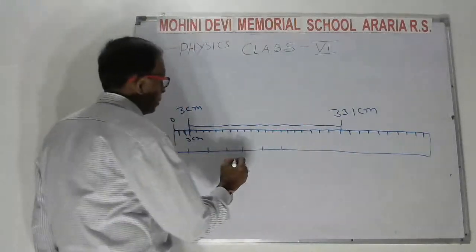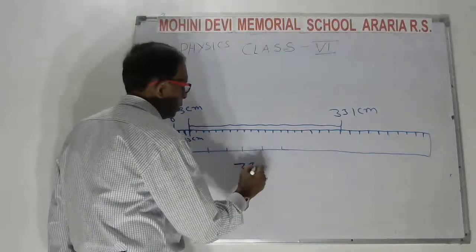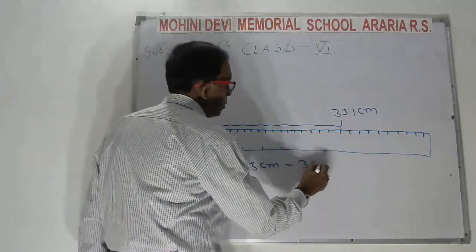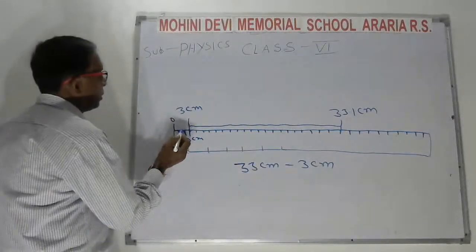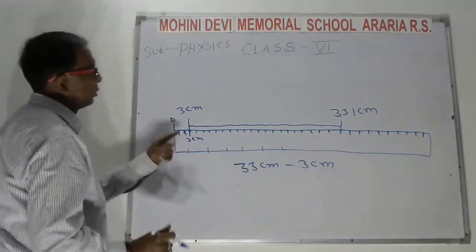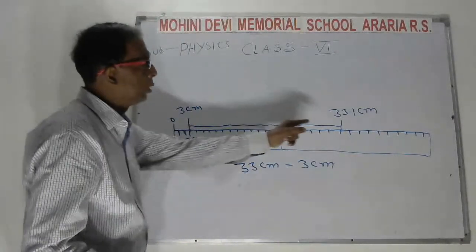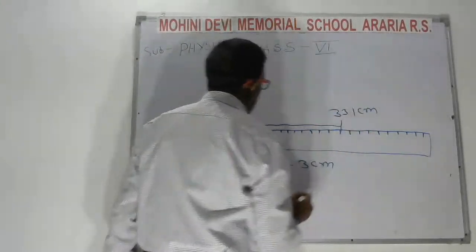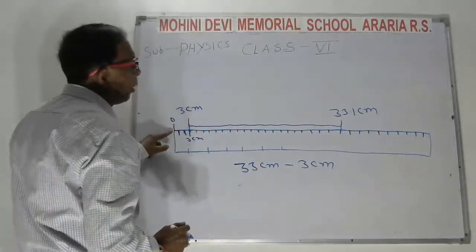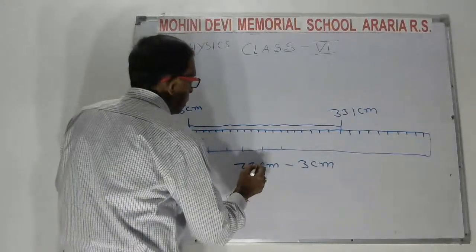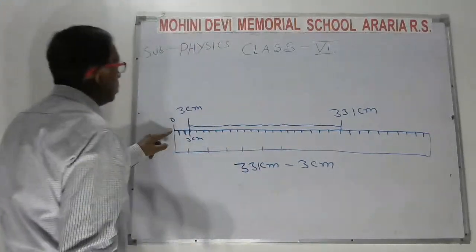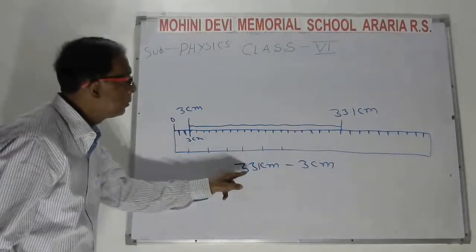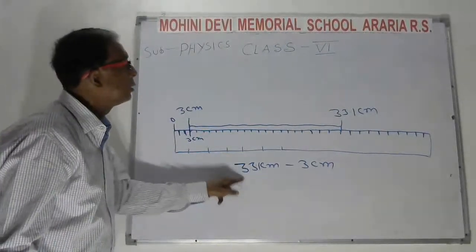You subtract this 3 centimeter from 33.1 centimeter, because these 3 divisions are extra in the length of the thread. This point reading 33.1 is a reading that starts from 0, but your thread starts at 3 centimeter. So 3 centimeter is extra in this length.